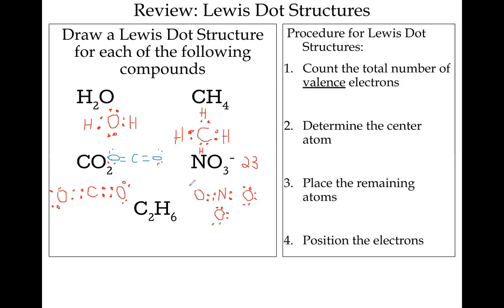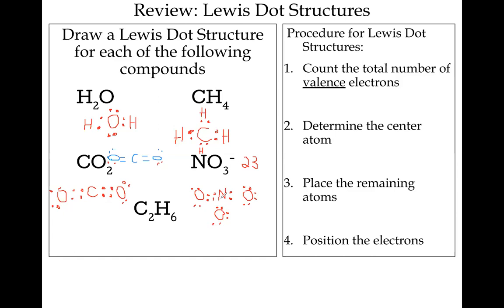And this one, because it has a double bond, we're just going to get 2 here like we did with carbon dioxide. And we have 2, 4, 6, 8, 10, 12, 14, 16. What did I do wrong on that one?